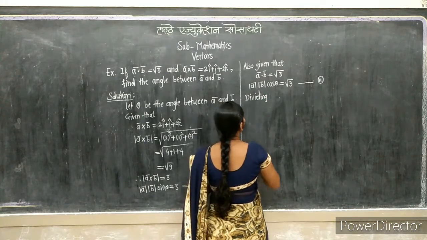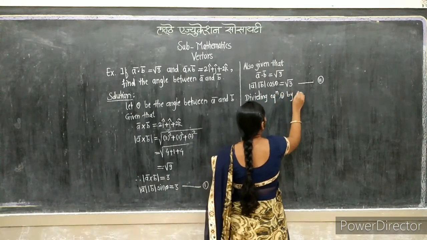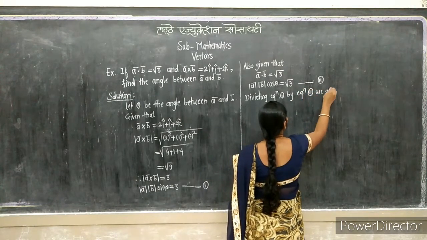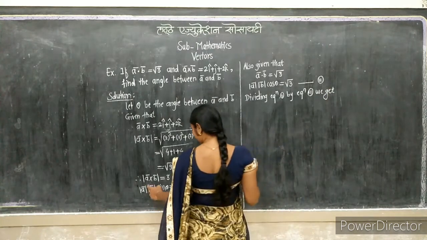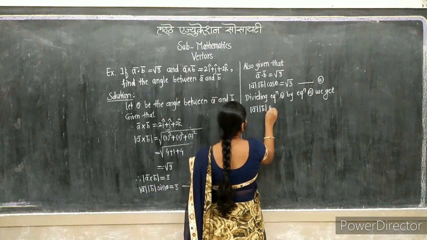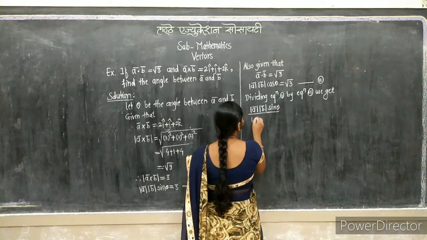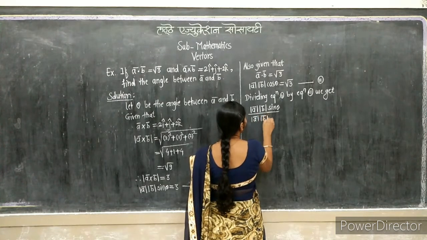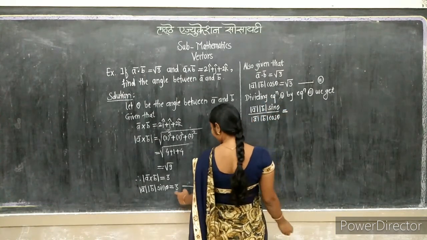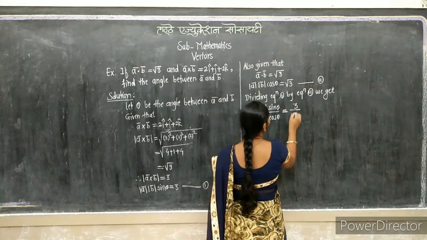Dividing equation 1 by equation 2, we get magnitude of a bar, magnitude of b bar into sin theta divided by magnitude of a bar, magnitude of b bar cos theta, which is equal to the RHS: 3 over root 3.